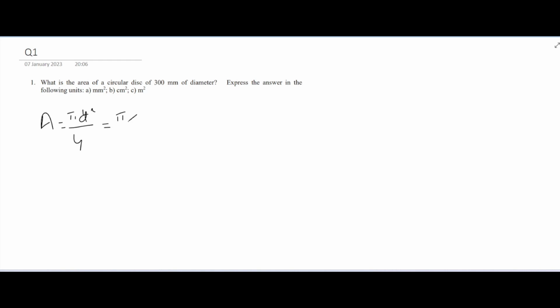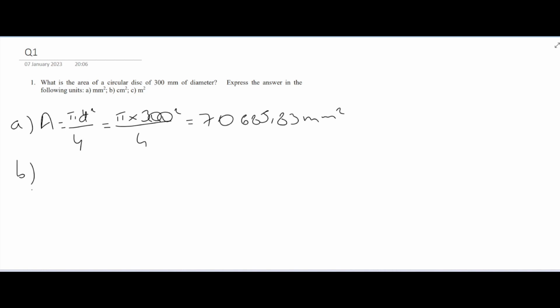So that's 300, we're using millimeters here, which will give us an answer of 70,685.83. That's in millimeters squared, so that's part A. This was quite straightforward.